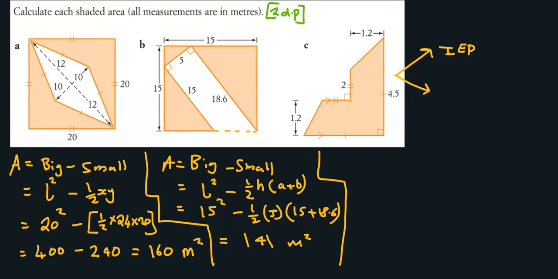Let's use a nicer colour. Not so thick. Green's nice. So we get two shapes there. We get this shape, and we get the shape.